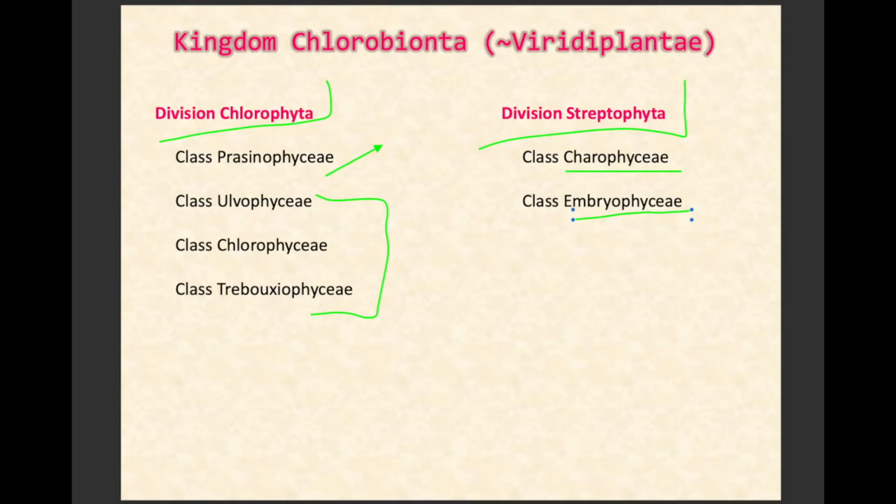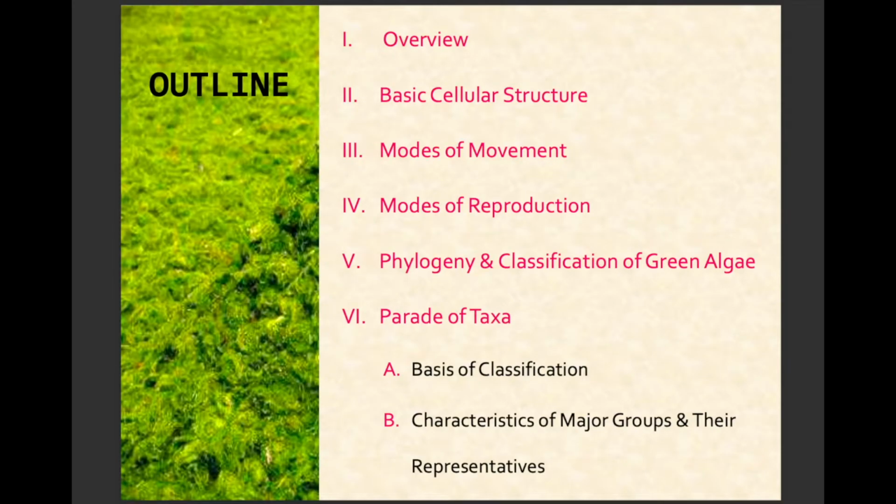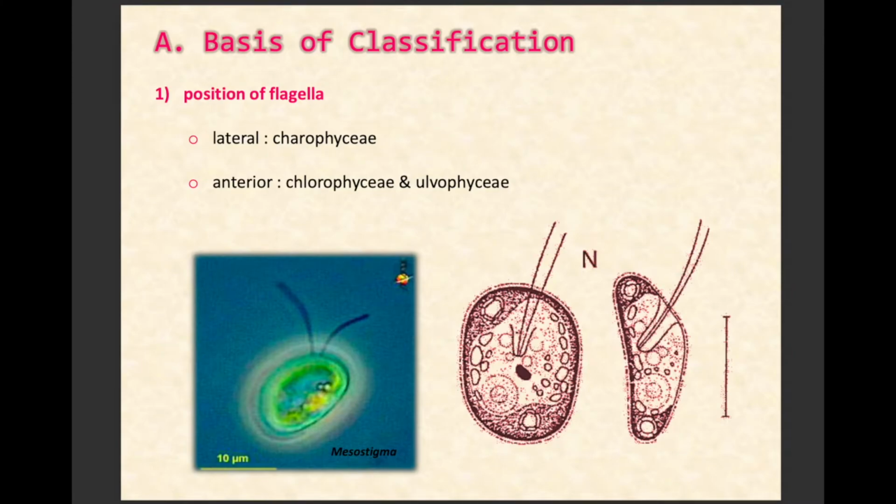We'll go through them one by one, moving on with your parade of taxa. In terms of the parade of taxa, let's first go through the basis of classification. Then we'll move on to the characteristics of the major groups and their representatives. In terms of the basis of classification, we have at least, I think, 11 bases of classification.